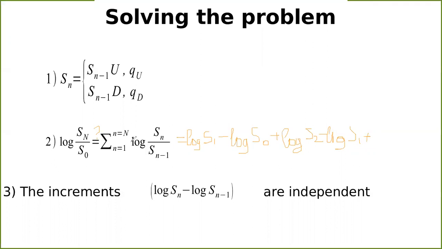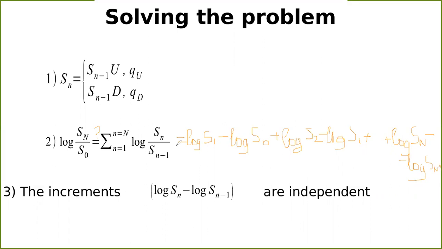And for n equals capital N, it will be log S_N minus log S_{N-1}.